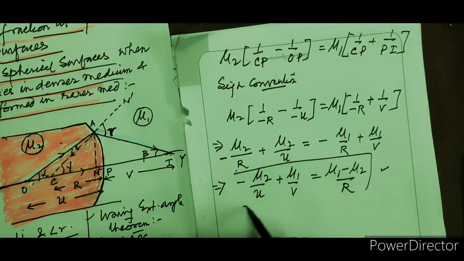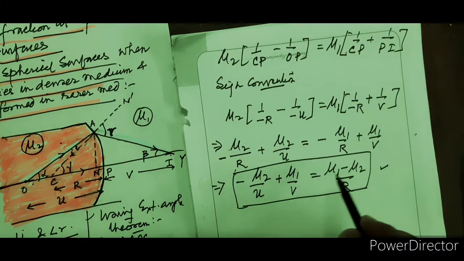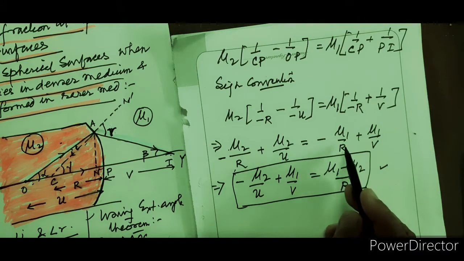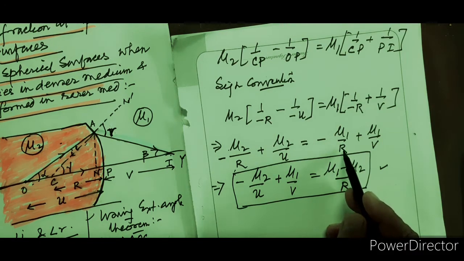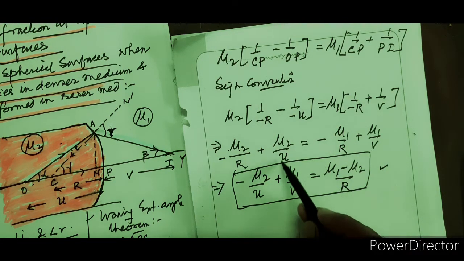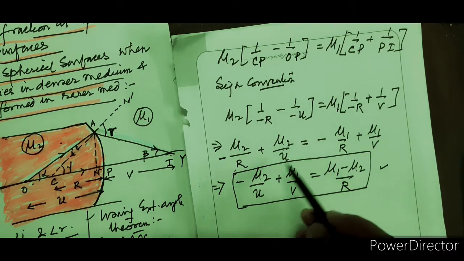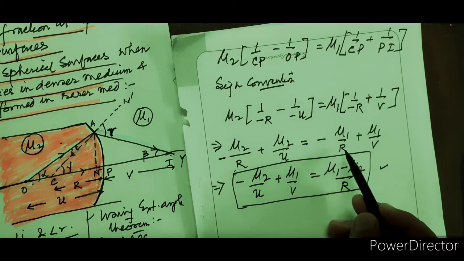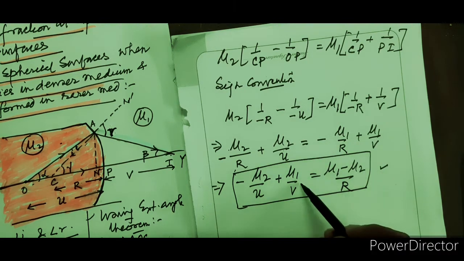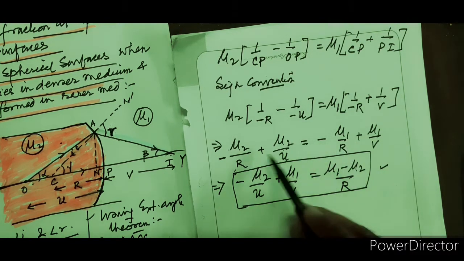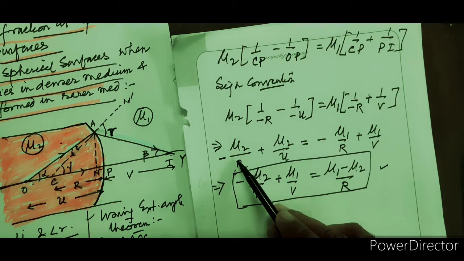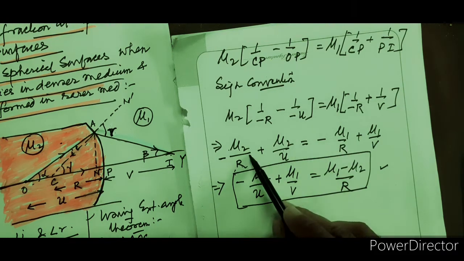Just arrange it. Here mu1 by R is there, and mu2 by u, take it this way so it becomes negative, and mu1 by v is already there, and then this minus mu2 by R, take it this way.